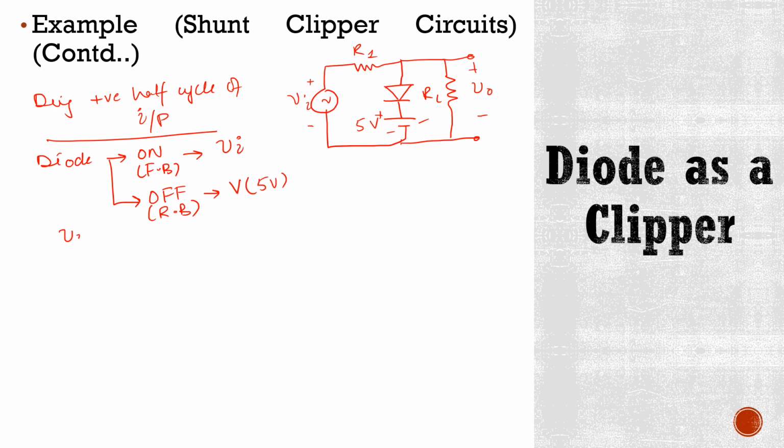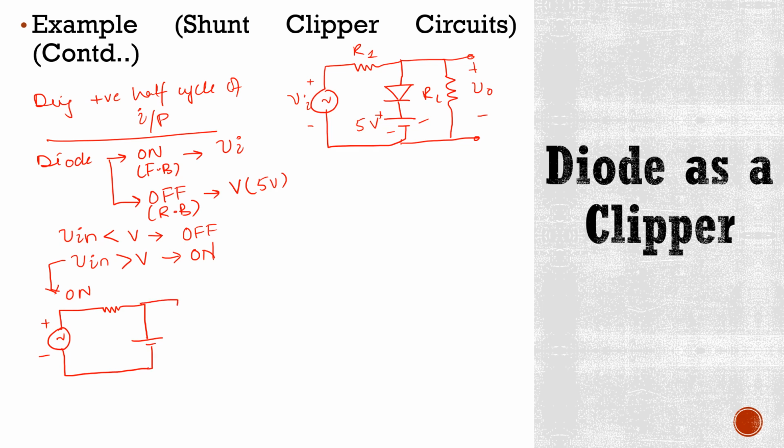And we know that when Vin is less than V, this diode is off, and when Vin is greater than this V, then this diode will be on. So now when this diode is on, this circuit will look like this. This is positive, this is negative, and we have V naught here, plus and minus.